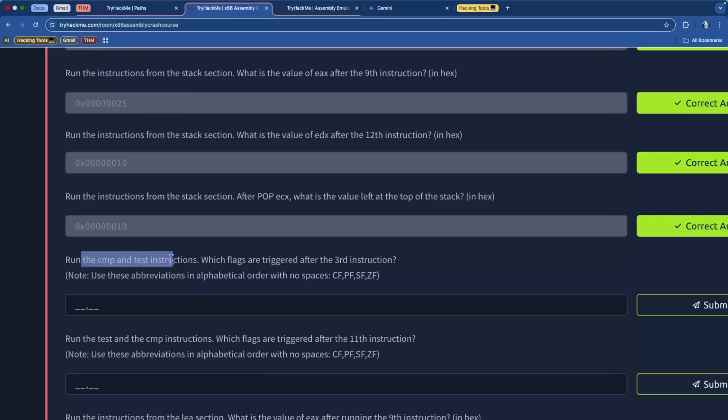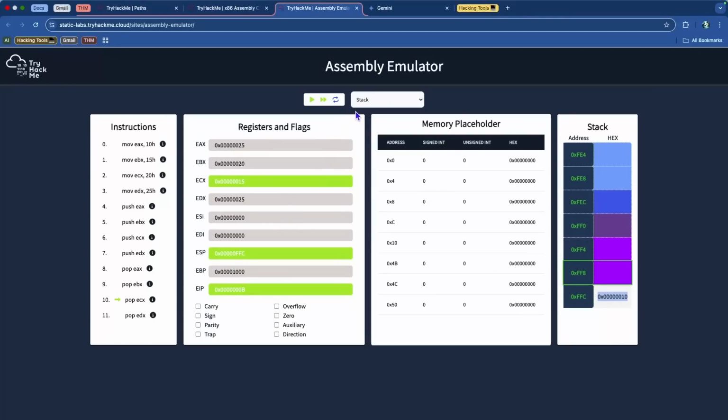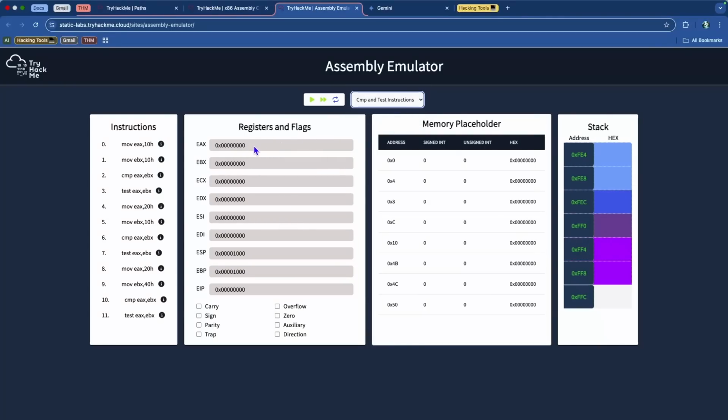Run the CMP and test instructions. Which flags are triggered after the third instruction? Use these abbreviations in alphabetical order with no spaces: CF, PF, SF, and ZF. So we're going to go to the CMP and test instructions.